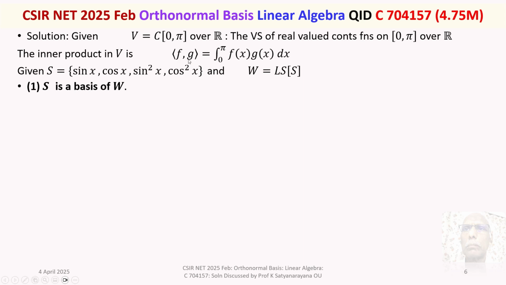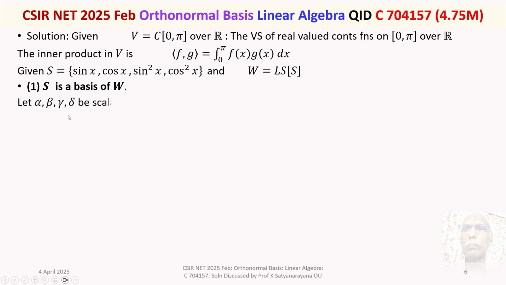The inner product of f comma g is integral 0 to pi f of x g of x dx, and S is given by the set consisting of sin x, cos x, sin square x, cos square x, and W is the subspace generated by S. That means it is the linear span of S. Now, option 1 says S is a basis of W. S will be a basis for W provided S is linearly independent over R.